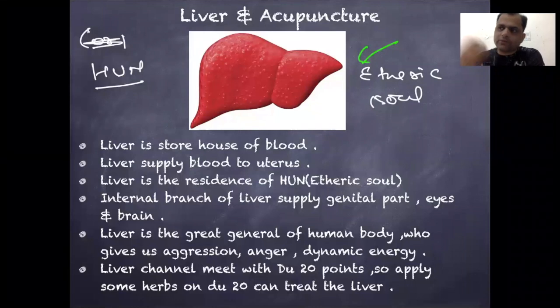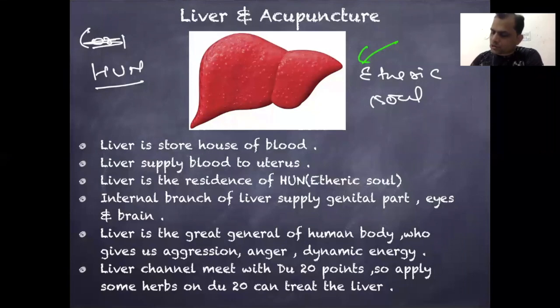So we were getting the blood from the umbilical cord and it was going to the liver. And the liver was doing lots of metabolism and filtration. So the liver is active since we are in the mother's womb, and the lungs are active after birth.